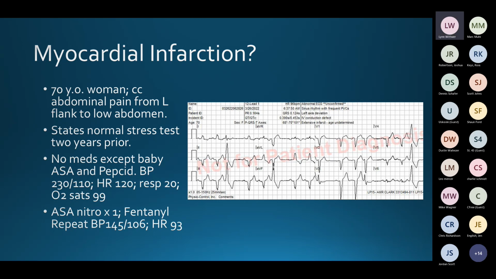She was on no medications except baby aspirin. Blood pressure was elevated, 230 over 110, heart rate 120, O2 sats 99. She got some aspirin, some nitro, and some fentanyl, and the repeat blood pressure was 145/106.